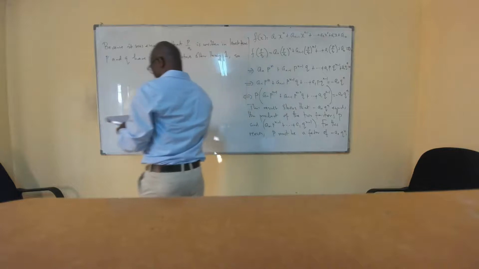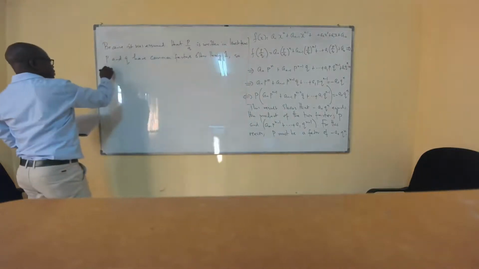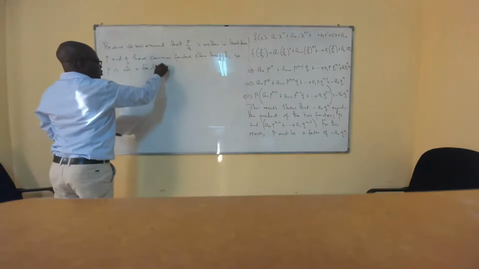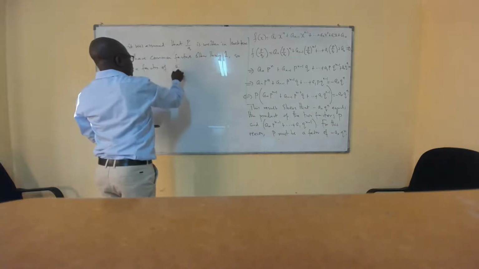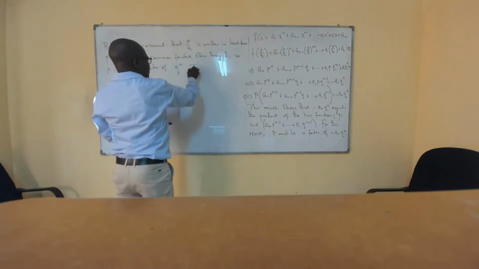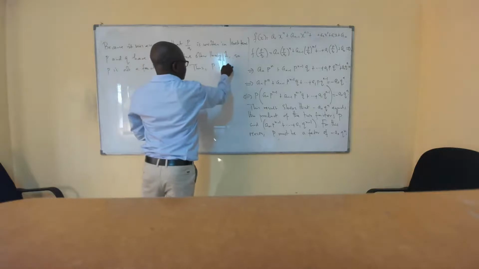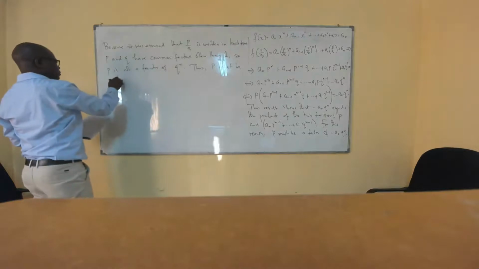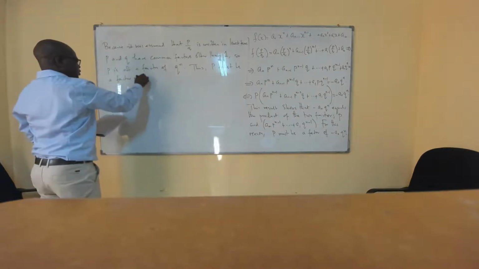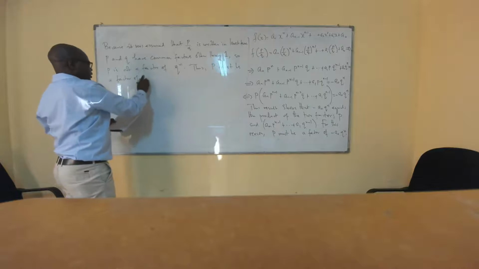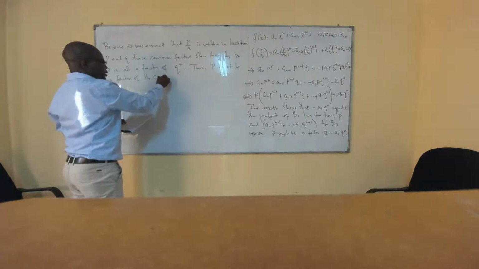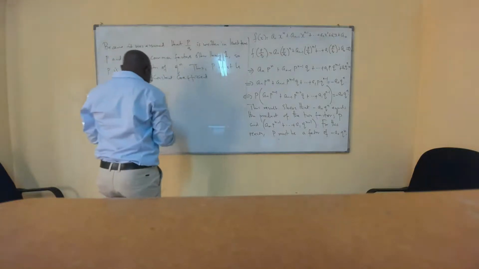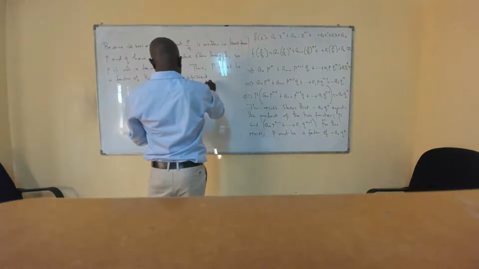So p is not a factor of q to the power n. Thus, p must be a factor of the constant coefficient in the given polynomial, the constant coefficient a0.